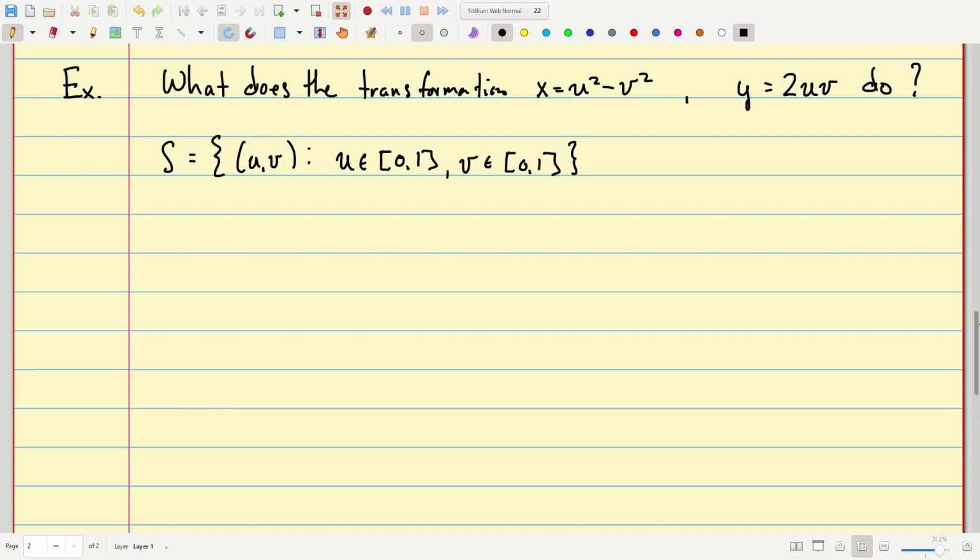And we want to know what happens to the square under this transformation.